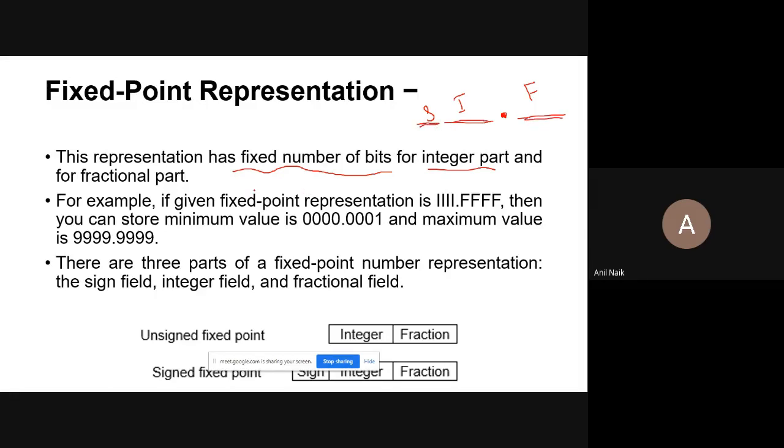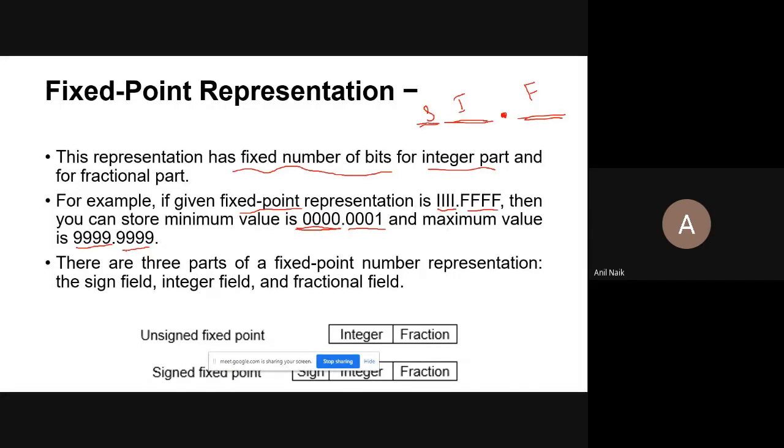For example, if a given fixed point data representation has an integer part and a fractional part, then you can store a minimum value, which is 0000.0001, and a maximum value, which is this much.